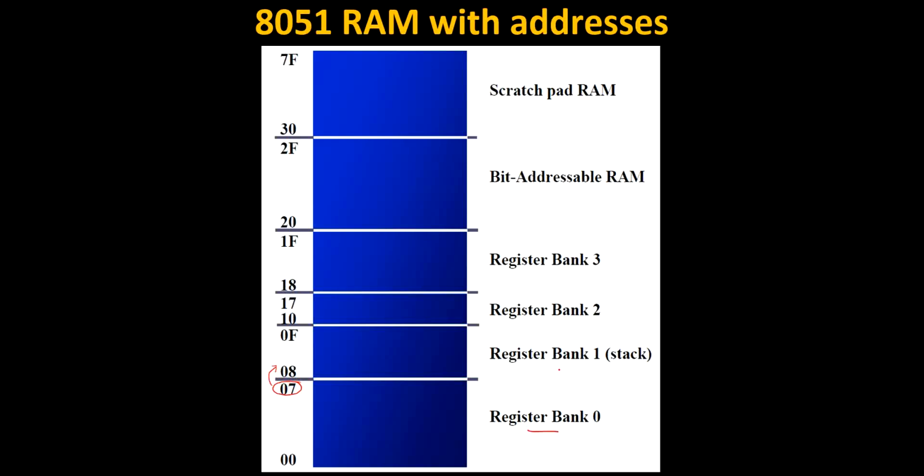The stack pointer always holds the top of the stack, that is TOS. When you make a reset, the stack pointer holds the address 07. When it comes to stack operation, we can understand how the stack works. We should remember the stack starting address is 08 to 0F. This is the range.